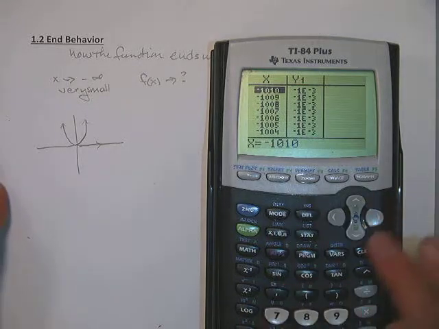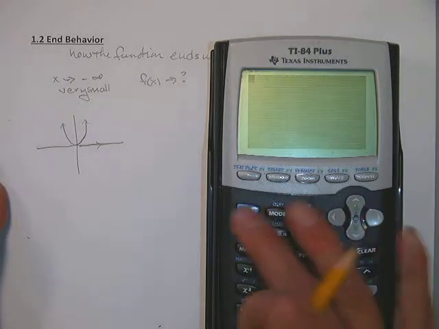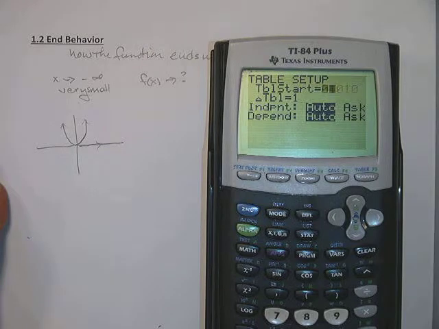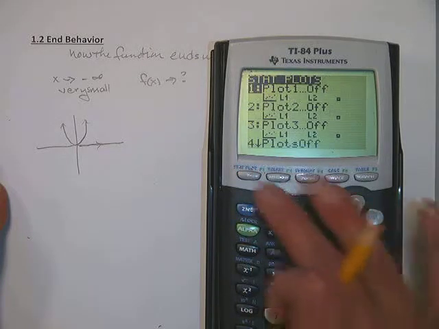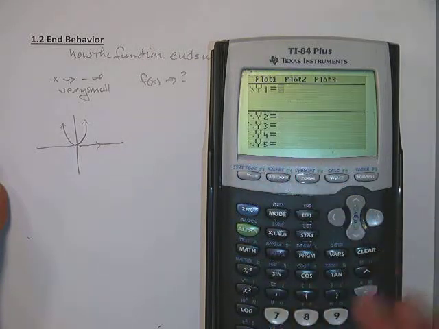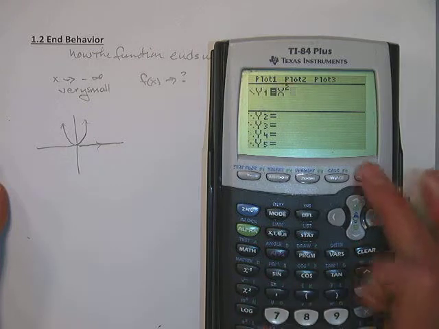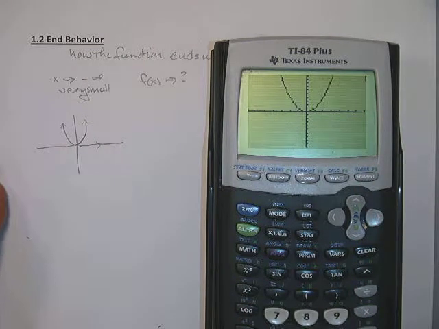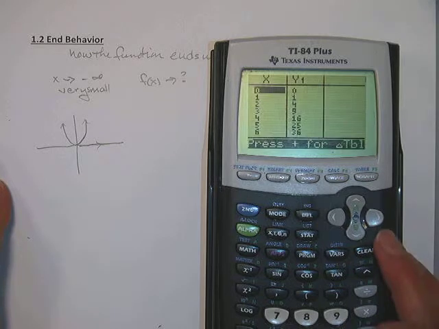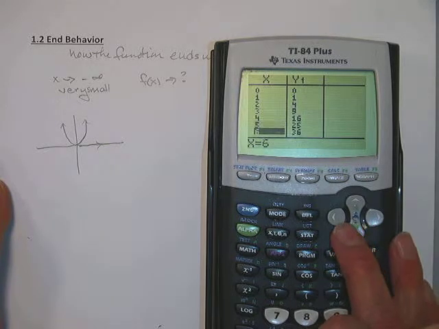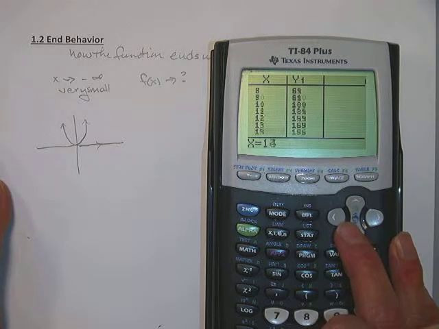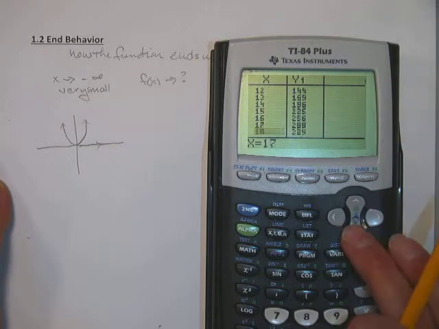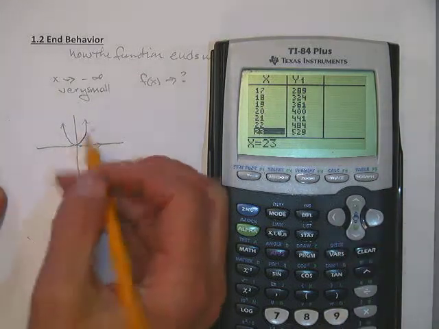You could check it if you had your calculator: we put in a simple x squared function and graph it. Then we go to our table, and we notice that the larger x gets, the larger the y values.